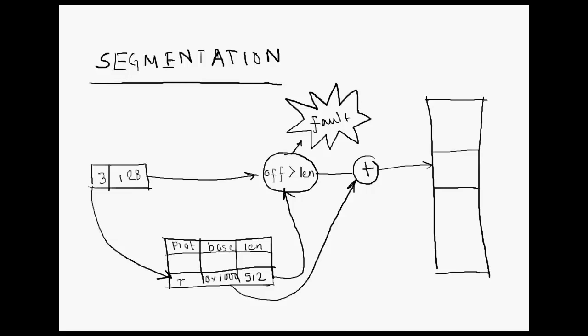Now, segmentation pretty much solves a lot of the problems that we have discussed earlier, but it also has some inherent problems. The problem with segmentation is, once we start loading different programs, every time a new program is loaded, it defines an arbitrary space in the physical memory.